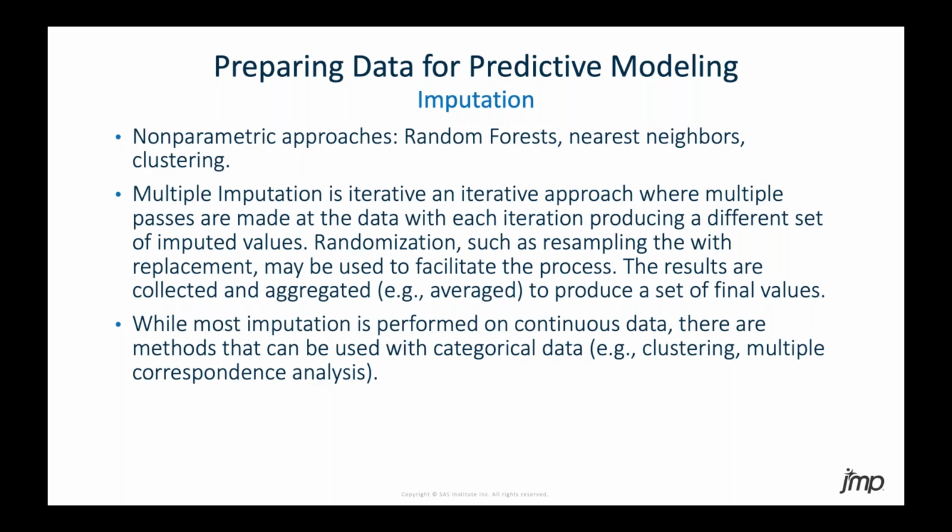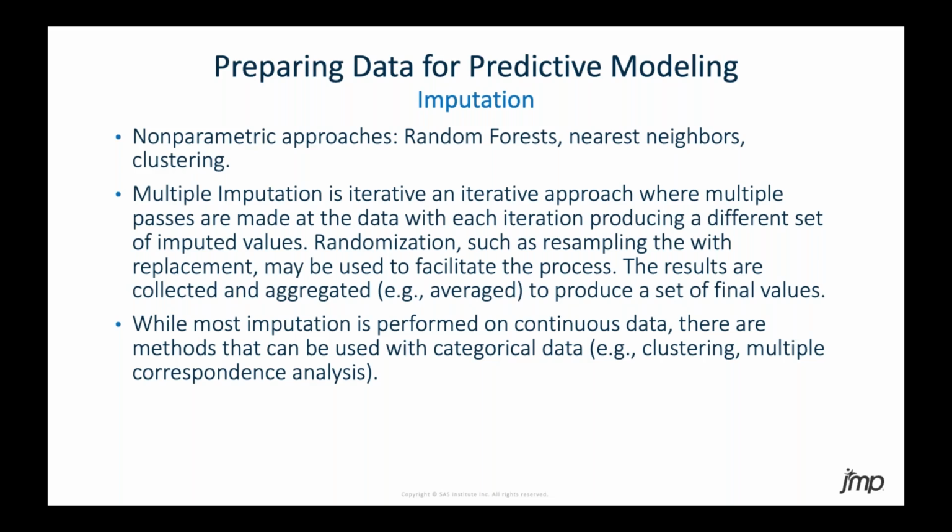There are a few techniques available that will allow you to impute categorical variables. For example, you could use clustering again, where you find the cluster an observation belongs to and predict what the missing values might be from other cluster members. Multiple correspondence analysis is another approach that can be used to predict missing categorical variables.